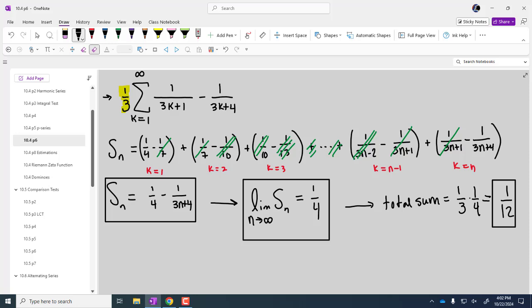Question, Daniel? I'm just trying to follow along. I'm trying to justify k equals n minus 1 and k equals n. S of n means the sum of the first n terms. So because this starts at 1, the nth term, like the third term, is when k is 3, the fourth term is when k is 4, the nth term is when k is n.